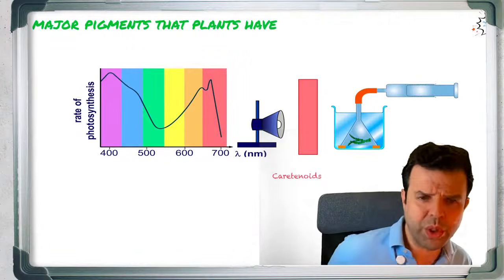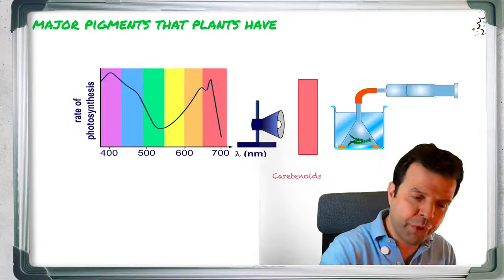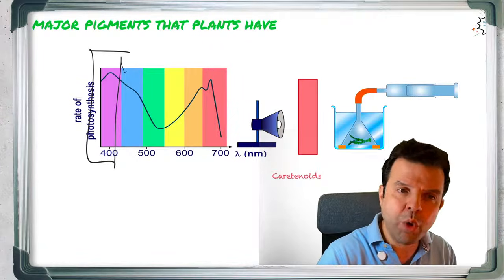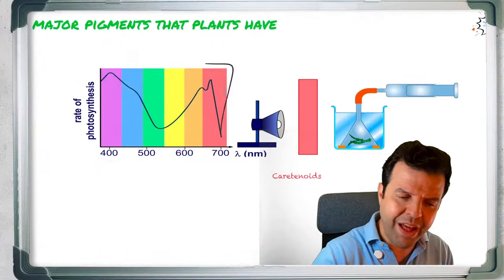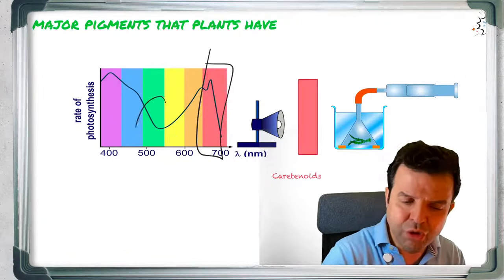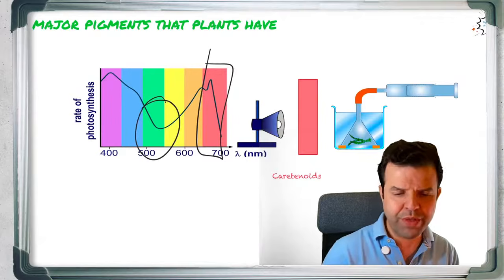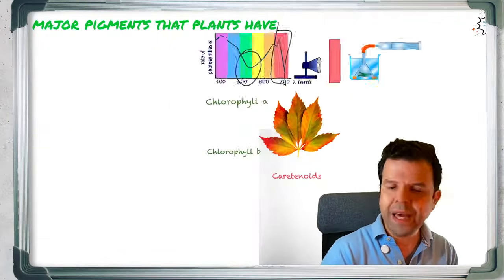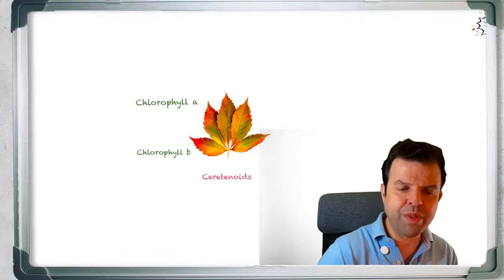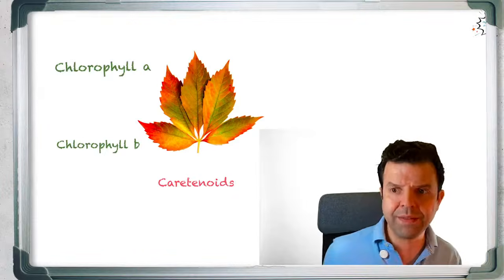So, in other words, plants prefer near the blue area, with the purple, and the red. They don't like it when it's green. They don't do much photosynthesis when it's green. And again, this has to do with the pigments that plants have.